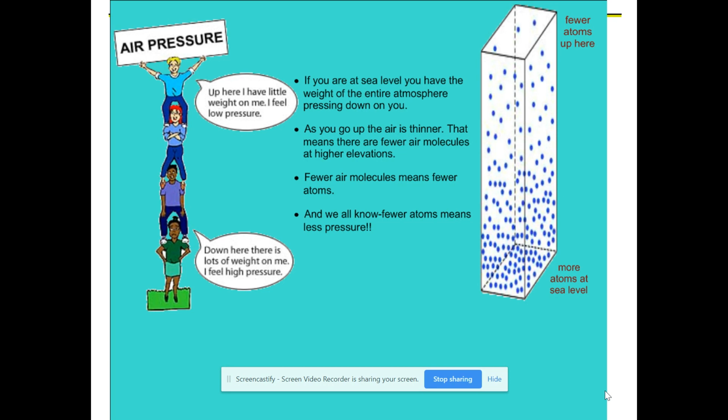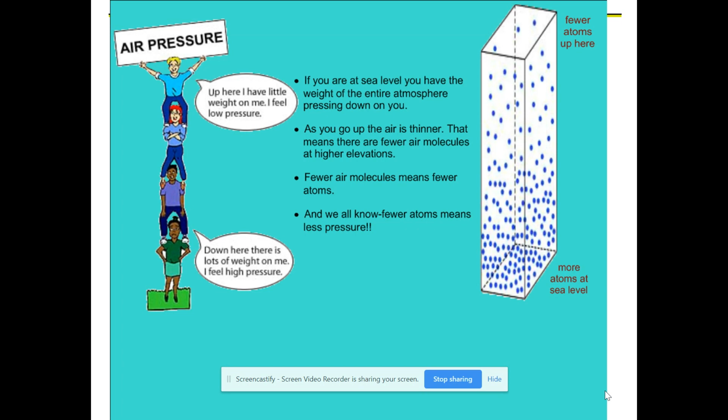They're going to feel a lot of pressure. If you look over to the right, you'll see the exact same thing. At the bottom, there are lots and lots of atoms pressing down. So there are more atoms at sea level. As you move up the stack of people, there's less and less weight. If you're up at the top, there's hardly any pressure, any weight on that person.